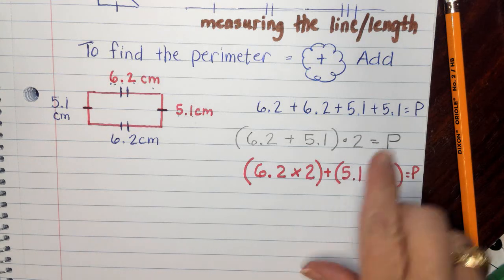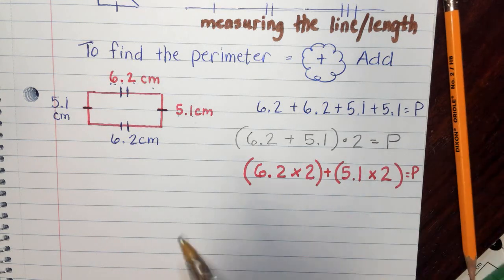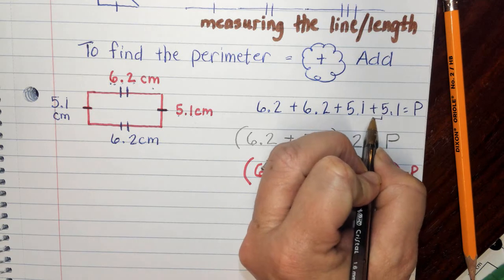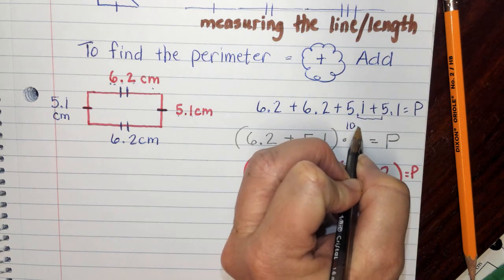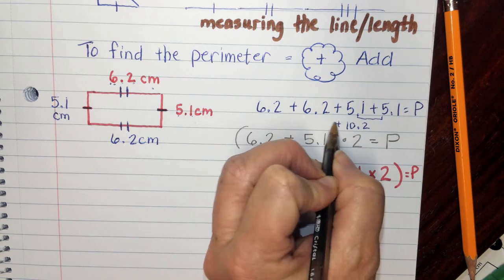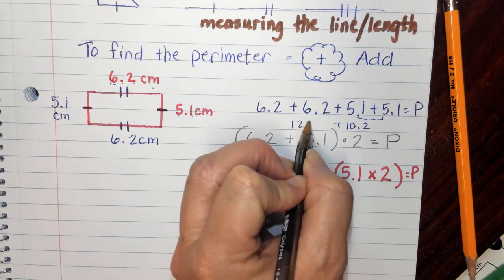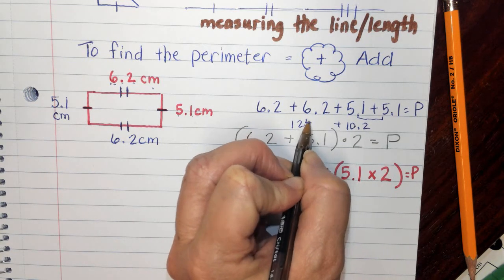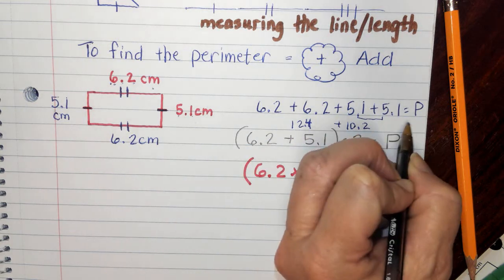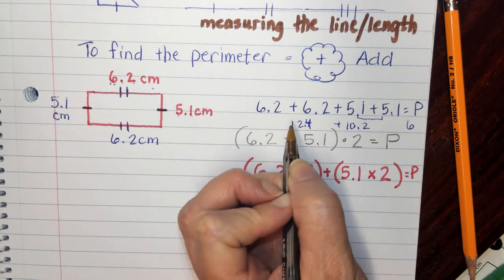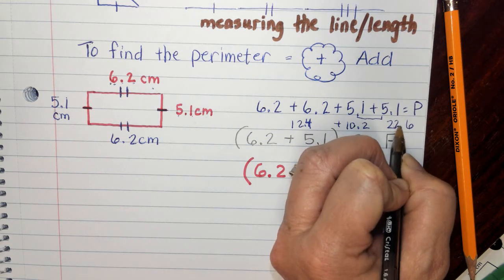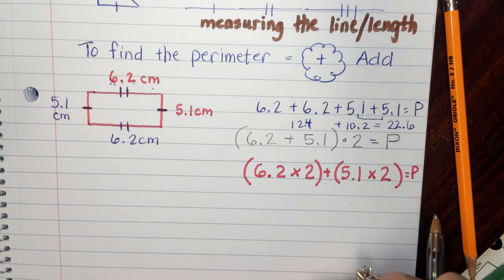If we put our tenths together right now, we could say that these two pieces of information are 10.2, and this is 12.4. And if I put that together, I get 22 and 6/10. Am I adding correctly?